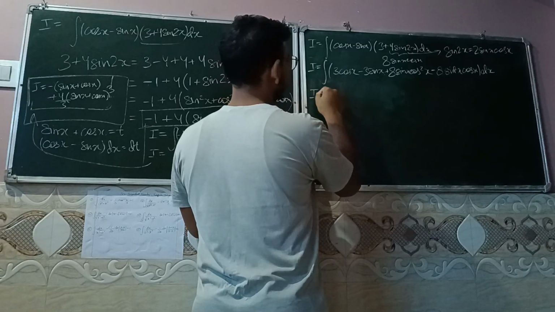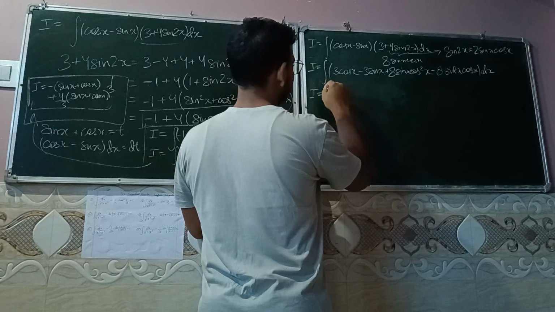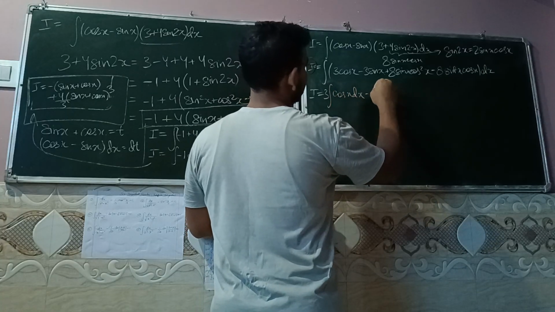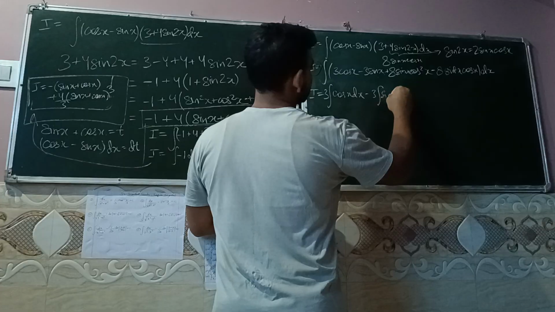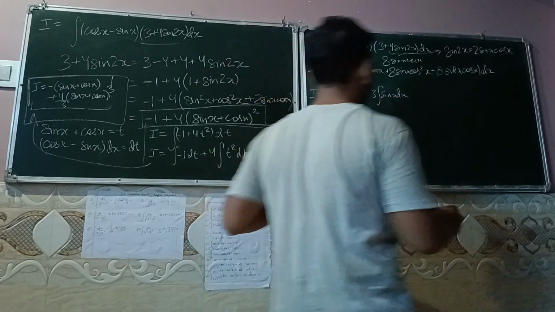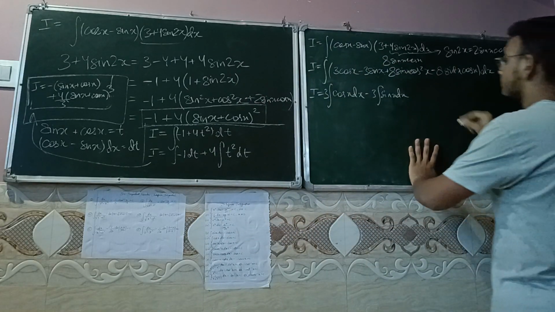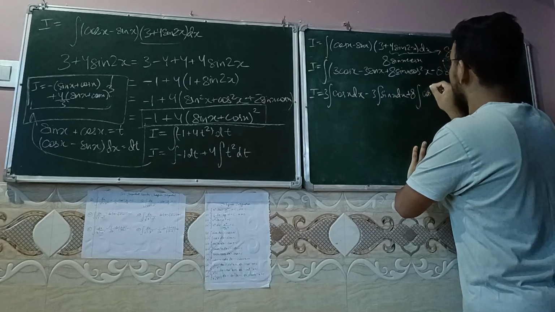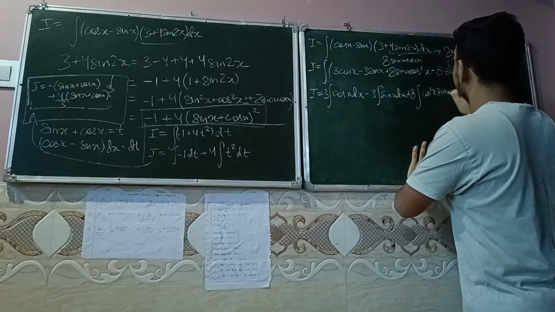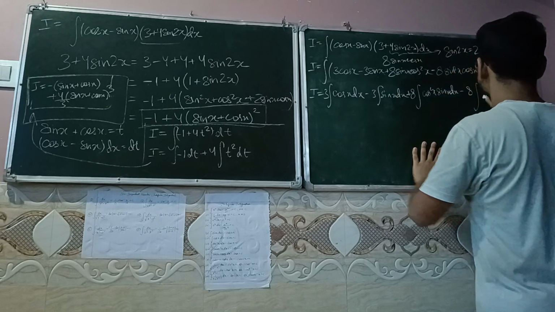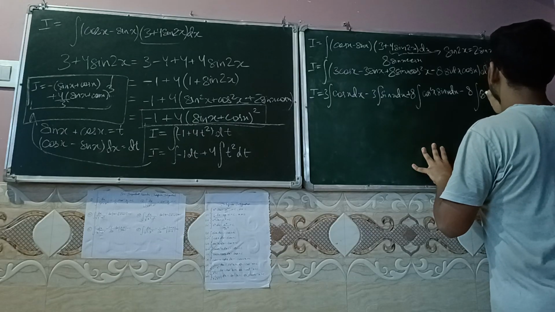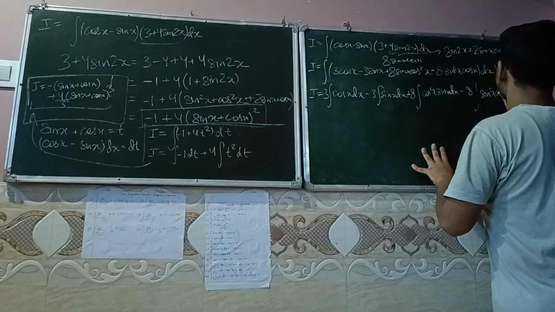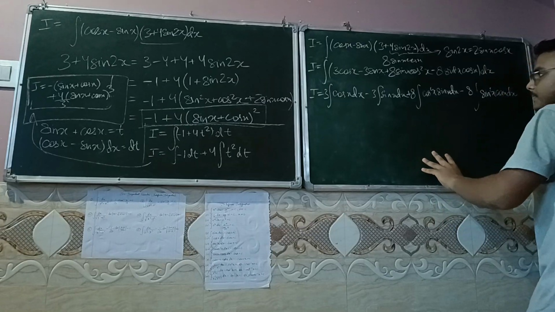So I is the integral of 3 cosine x dx, again minus 3 sin x dx, plus 8 cosine square x sin x dx minus 8 sin square x cosine x dx.